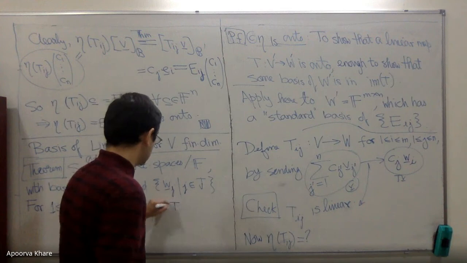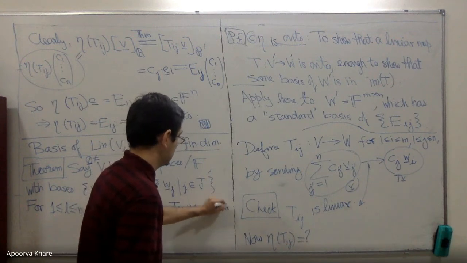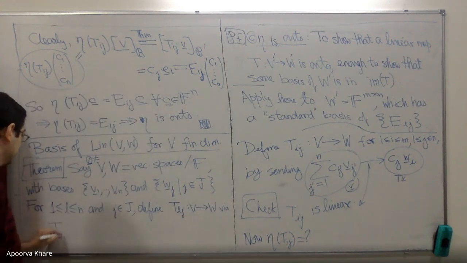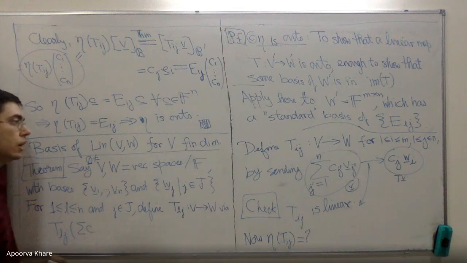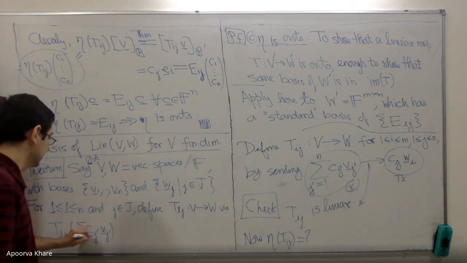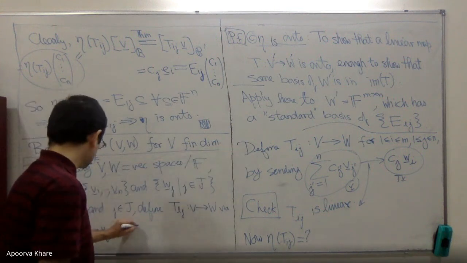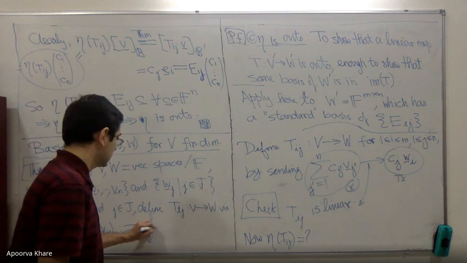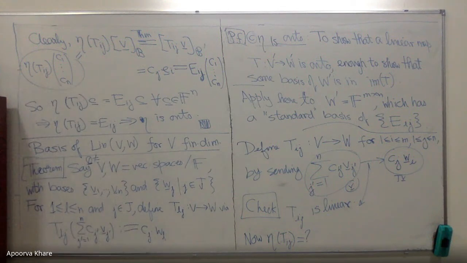Define T_Lj from V to W via the map T_Lj of the summation Cj' Vj', j' goes from 1 to n, exactly the same way, except instead of I, I'm going to use L. So it is Cj Wl.